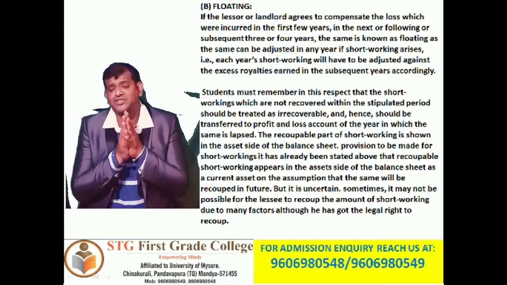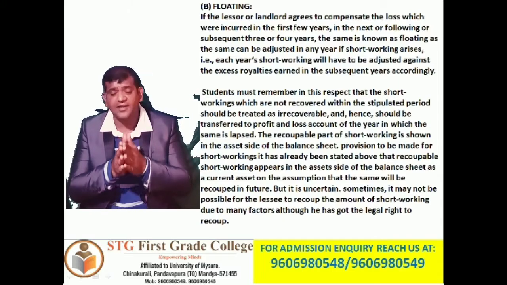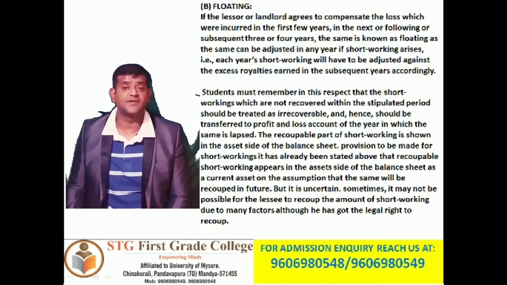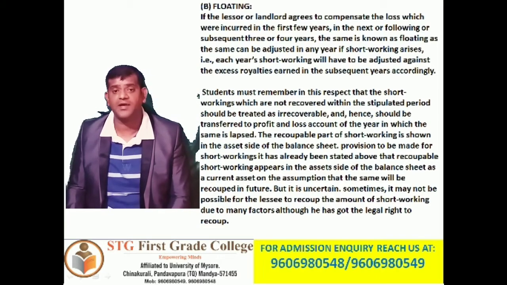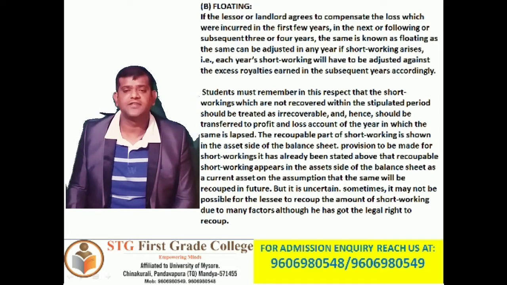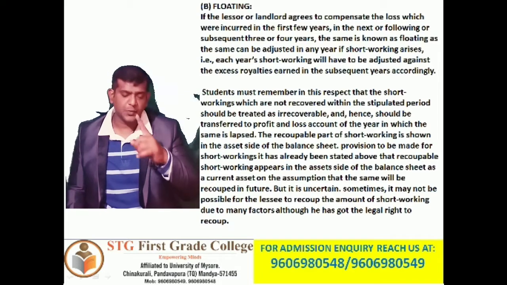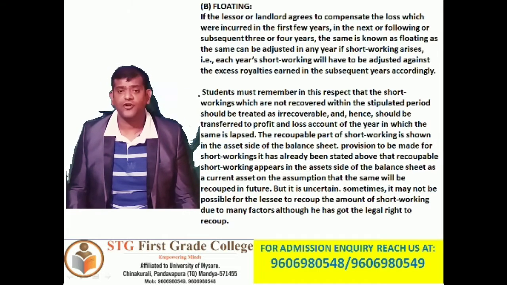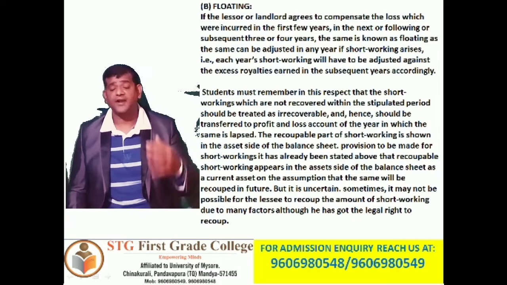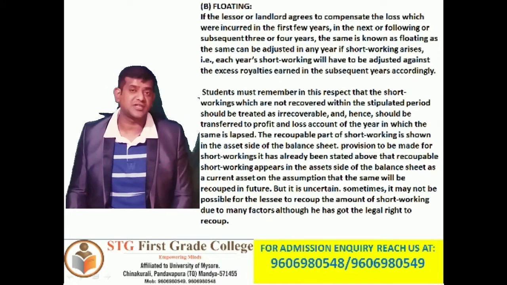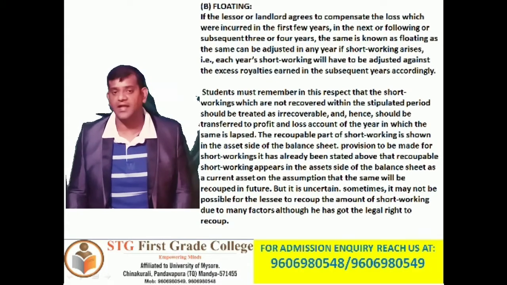If the maximum time given for recovery is over, it should be considered as not recoverable, and hence should be transferred to the profit and loss account of the year in which the period elapsed. For example, if 4 years duration has been given to recoup a particular royalty but we fail to recoup it within 4 years, in the 5th year we are supposed to transfer that money into the P&L account.